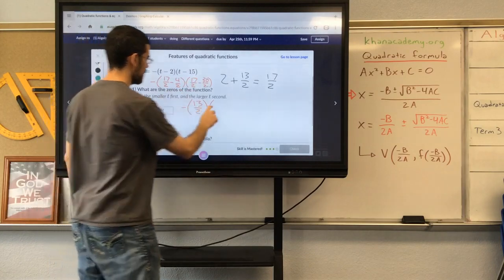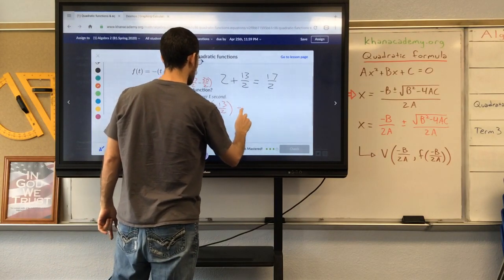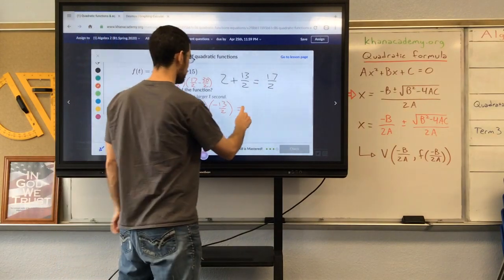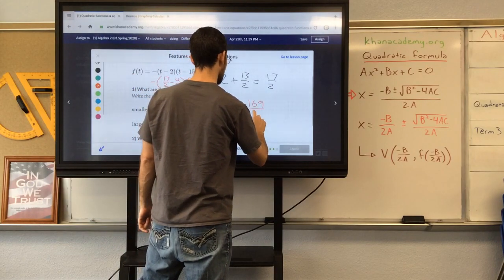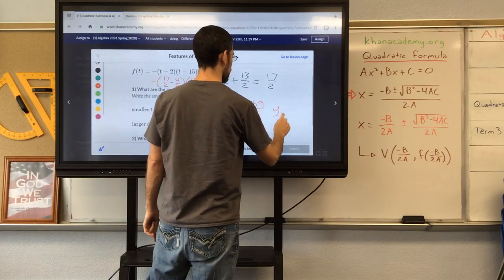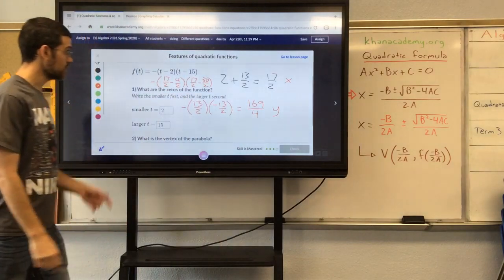That is negative 13 halves. Negative times a negative times a positive is positive. 13 times 13 is 169. 2 times 2 is 4. So this is my y coordinate of my vertex, and this is my x coordinate of my vertex.